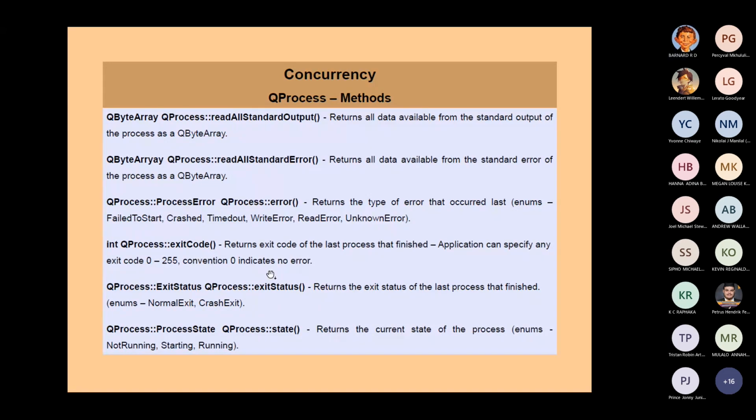And then the one other one that's of interest is the state, which returns the current state of the process. It uses an enum, which is NotRunning, Starting, or Running. So if you need to find out what the state of your process is, is it actually running, or is it not running, or is it still busy starting up?